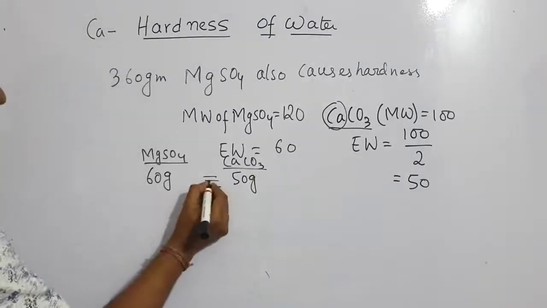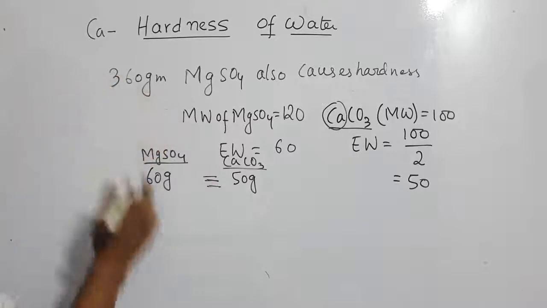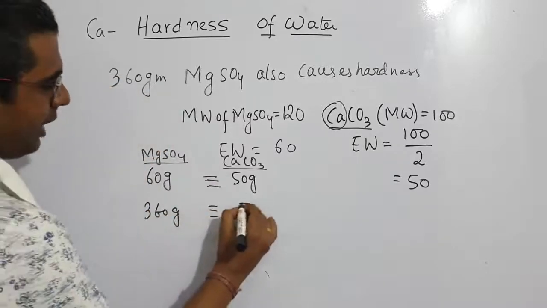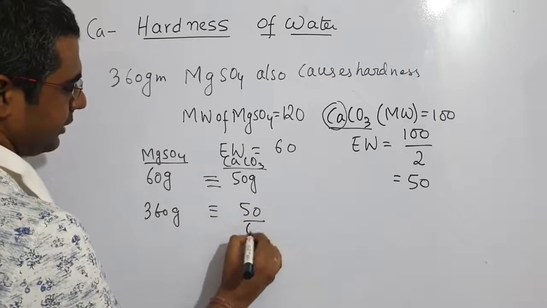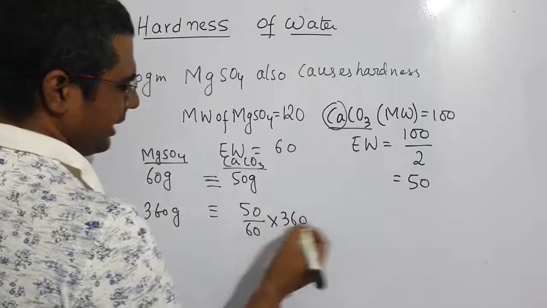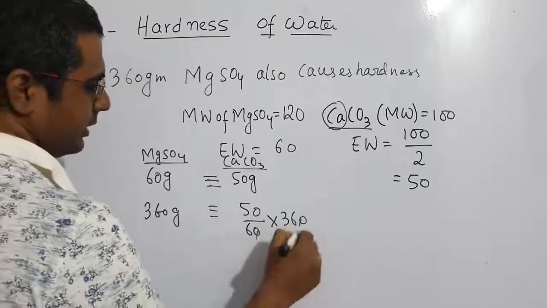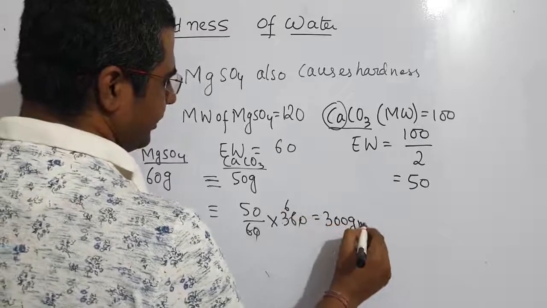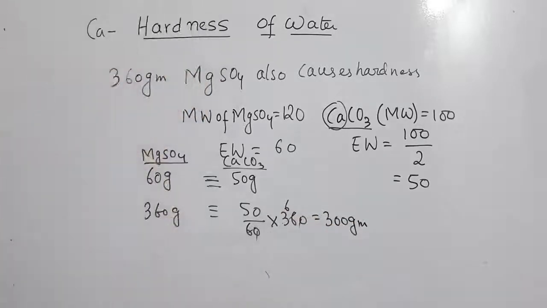Okay. Now here we have 360 gram. So 360 gram will be equivalent to how much weight of CaCO3? 50 by 60 into 360. So you can calculate this: 6, so 300 gram, right? So here I actually derived a formula.